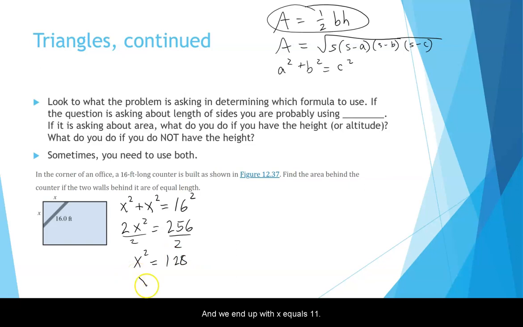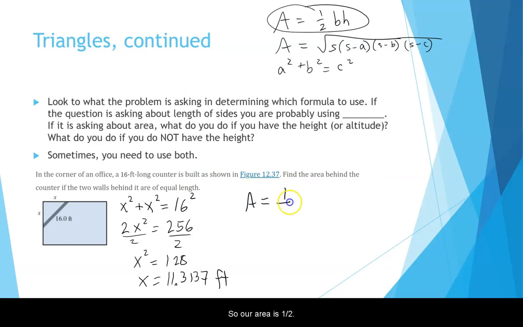We end up with x equals 11.3137 feet. So each one of these lengths of the triangle is 11.3137 feet. This is an overly precise number, but we're going to round at the end, whether that's best practice or not.